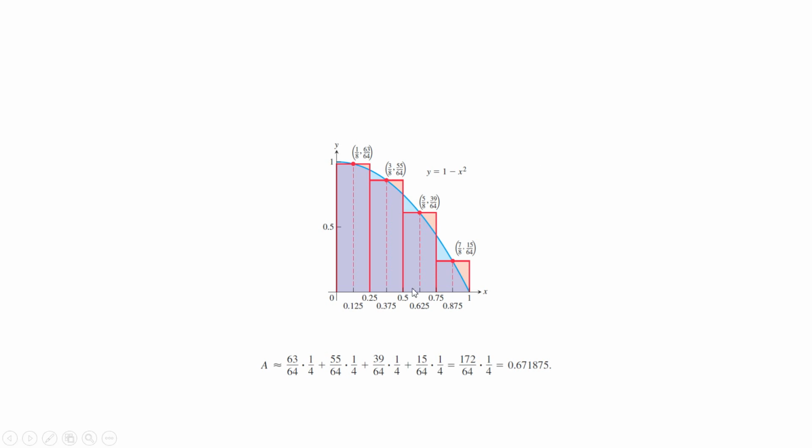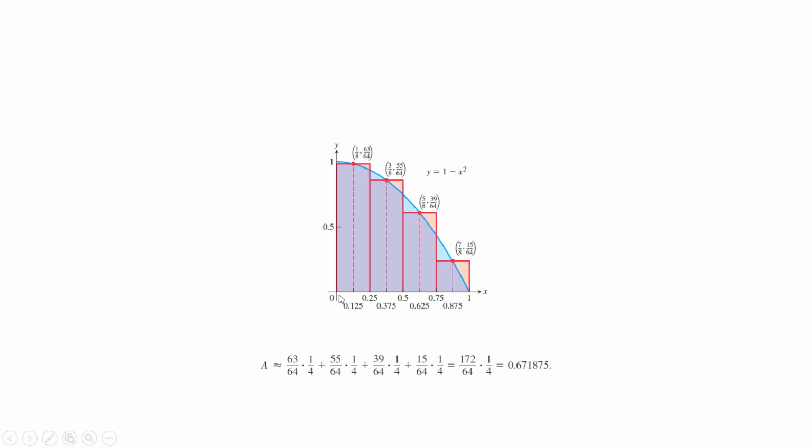Now we can also approximate by the midpoint value of the function in the interval. So in this case, we try to make the rectangles using the midpoint of the interval. Again, we divide the interval 0, 1 into 4 subintervals of equal length, and the length of one interval is 1 by 4, that is 0.25.